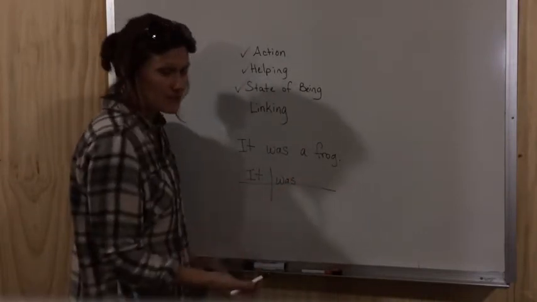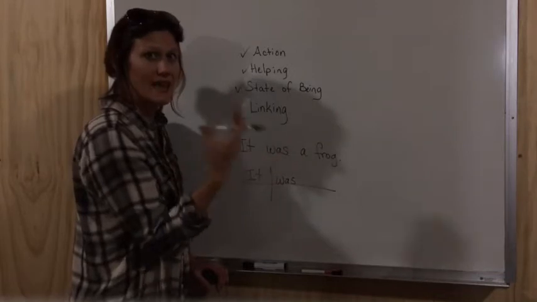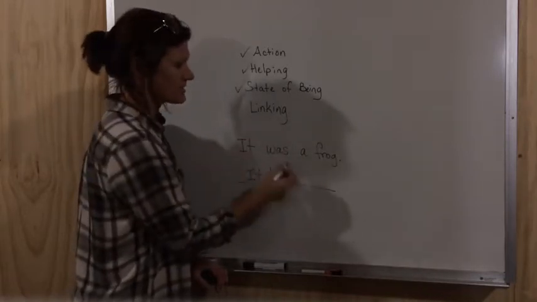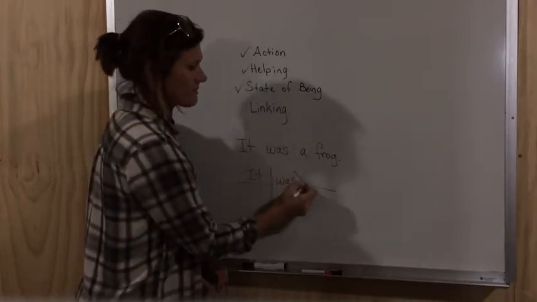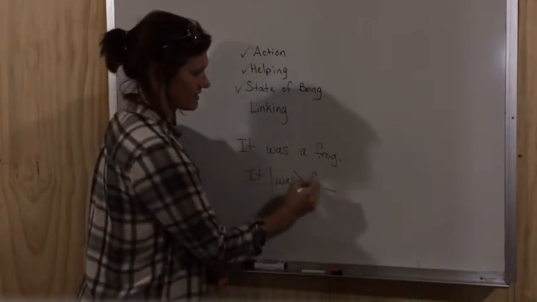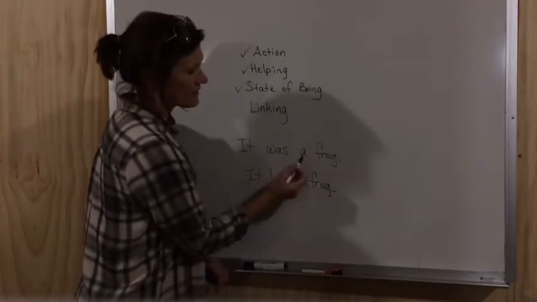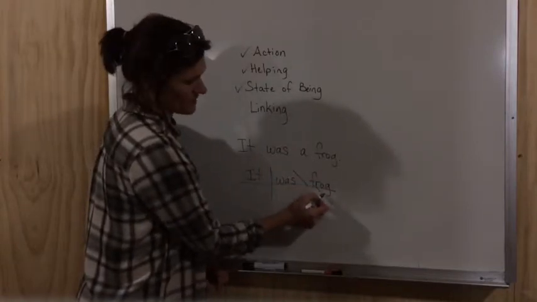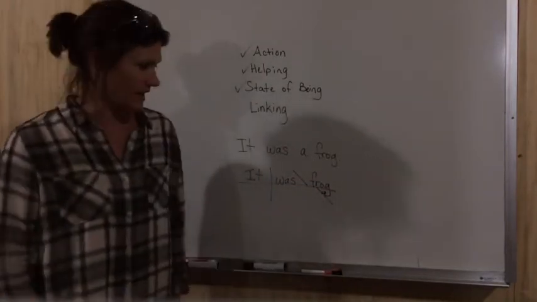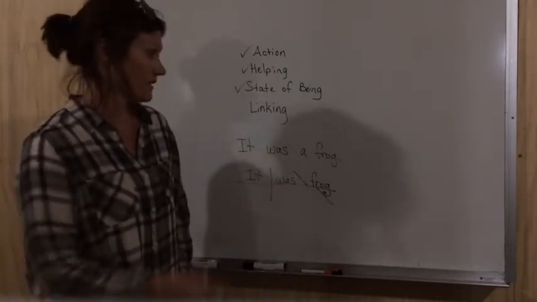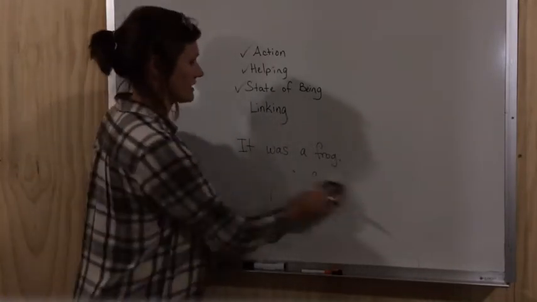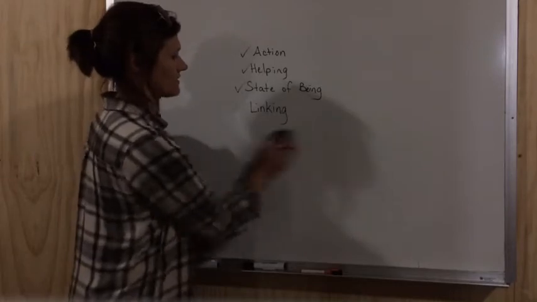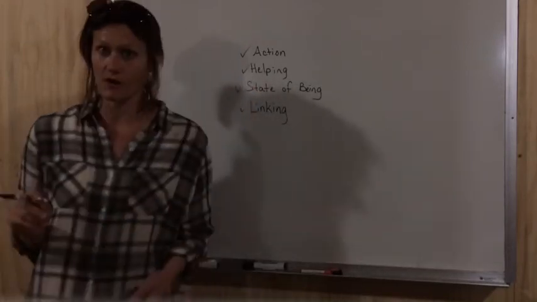It's a predicate nominative. Remember the word noun, nominative? It's renaming. So we're going to make our little slanted line. Frog goes here. And then the article a goes with frog. It's describing frog as an article does, okay? So, there you go. There's our little review, and now we're going to look at our paper from before.